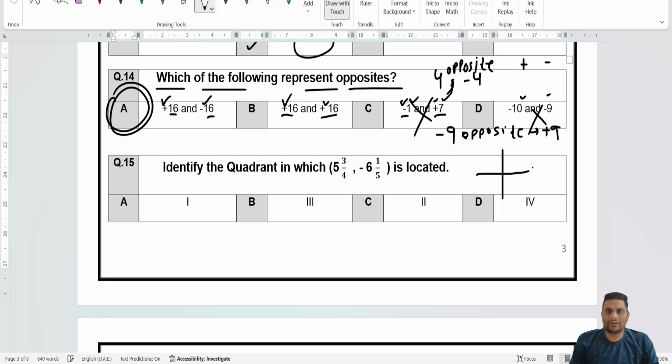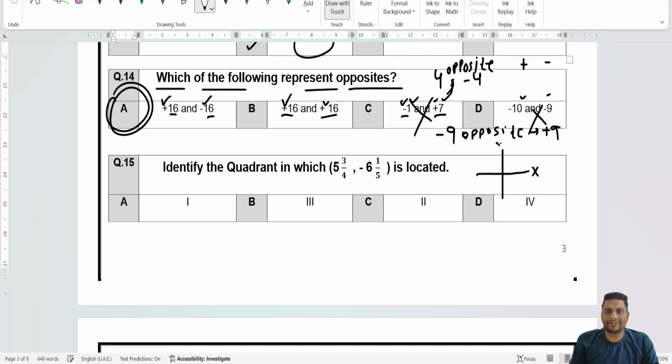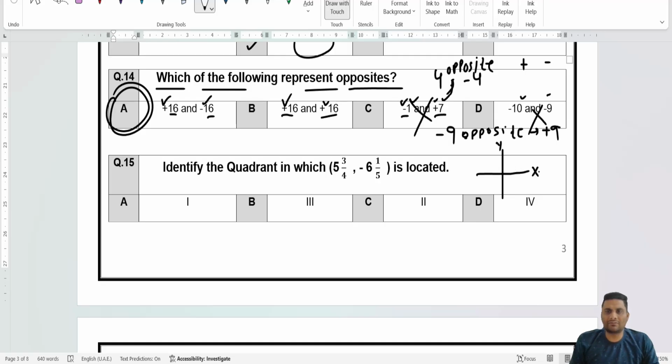The quadrant has an x-axis and a y-axis. This is positive x, this is 0, and on this side I will have negative x. Here I have positive y, this is 0, and then on the downside I will have negative y.